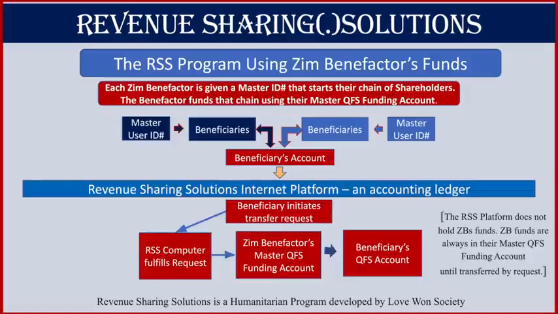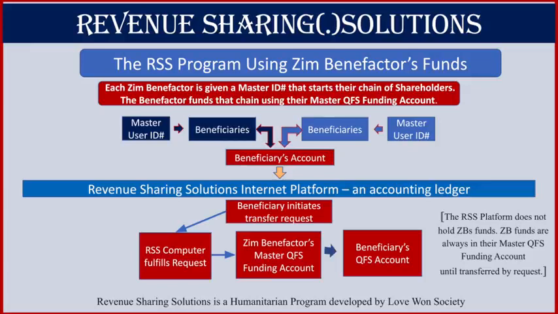Now, this is the way it's set up. The RSS program using Zim benefactors' funds. Each Zim benefactor is given a master ID, and that's the little box on the left called Master User ID. Then the beneficiaries sign up, and the beneficiary has an account on the RSS platform.